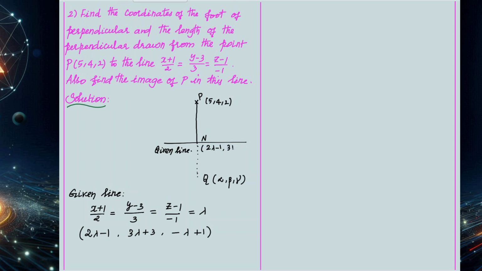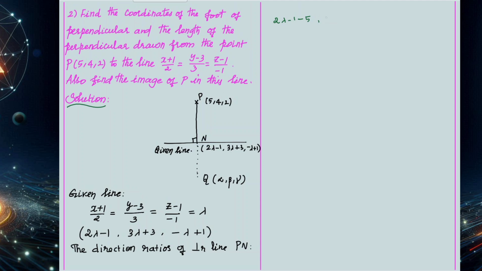So let us take the coordinates of N as (2 lambda minus 1, 3 lambda plus 3, minus lambda plus 1). After that, PN and the given line are perpendicular. So the direction ratios of the perpendicular line PN can be calculated by using the 2 points, (5, 4, 2) and the coordinates of N. x2 minus x1, y2 minus y1, z2 minus z1 are the direction ratios.